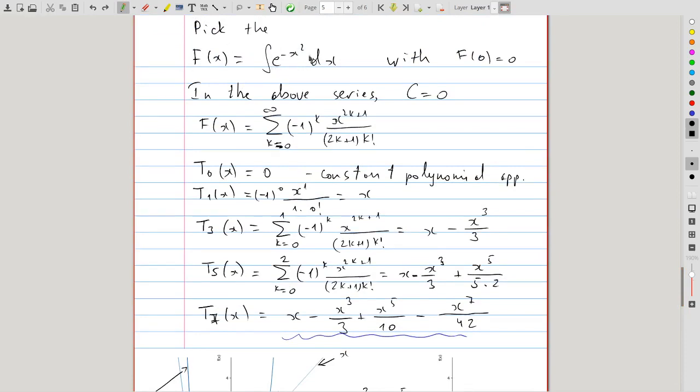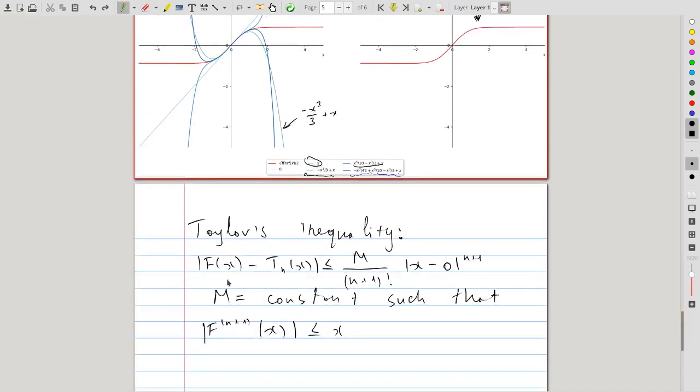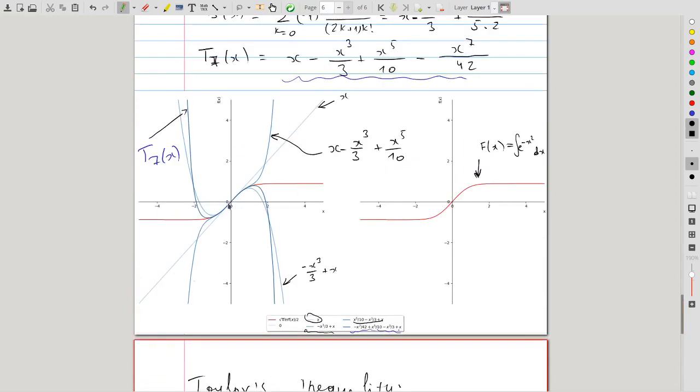The derivative of f is e to the minus x squared, and then you get subsequent derivatives by differentiating e to the minus x squared a couple more times. That will give you the explicit constants to put in the right hand side to get M, and then you'll get estimates for how far the polynomial Tn deviates from the true value of the function.